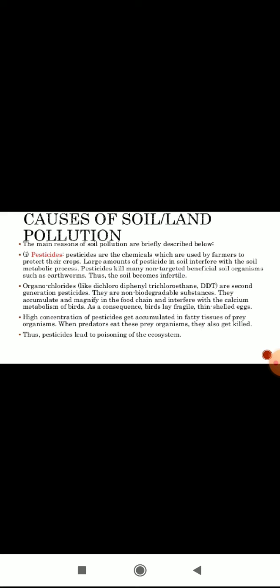As a consequence, birds lay fragile, thin-shelled eggs. High concentration of pesticides gets accumulated in fatty tissue of prey organisms. When predators eat these prey organisms, they also get killed. Thus, pesticides lead to poisoning of the ecosystem.